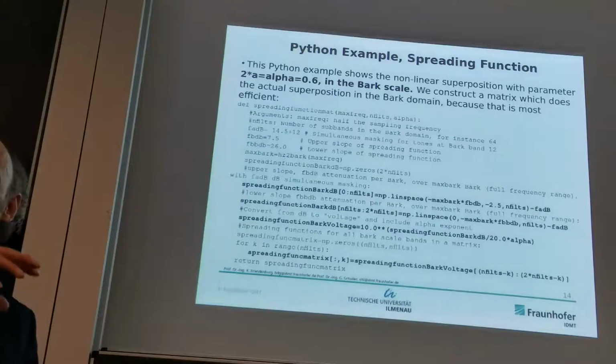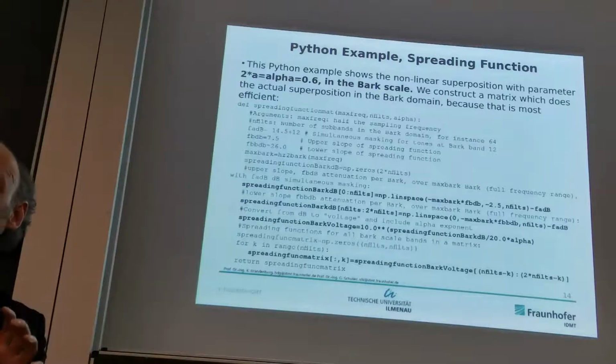If it would be 0.5, then it would be exactly at 1. But here we are at 0.6. So for the voltage, we just need to exponentiate with 0.6. Make sense? So voltage squared is power. Still remember? Voltage squared divided by R is power, right? So if you say R equals 1, then voltage squared is proportional to power.